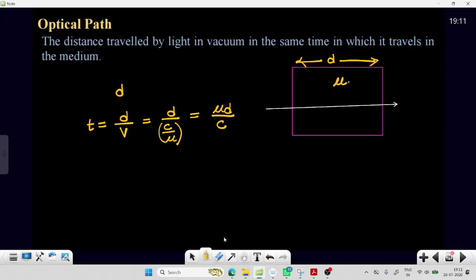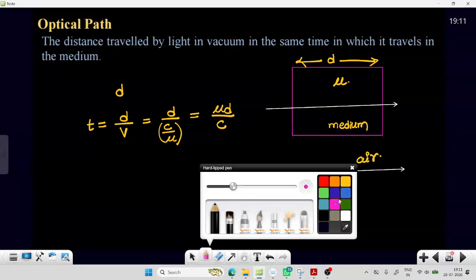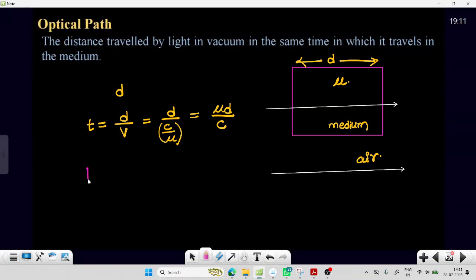The same light ray I'm now allowing to pass through air. How much distance will it travel? We call the distance in air d air.